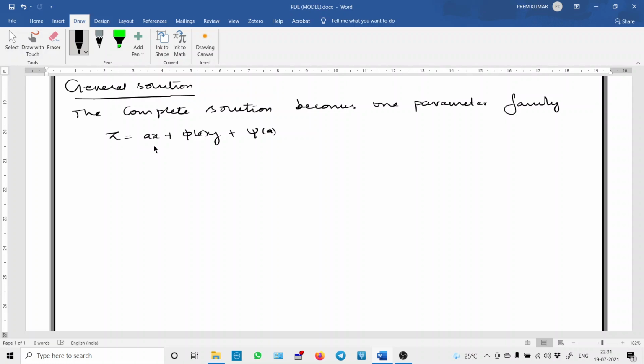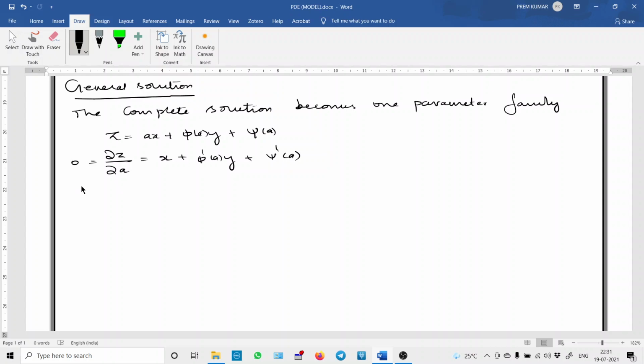So how to find the envelope of one parameter family of curves? You have to differentiate with respect to the only one parameter available partially. So dou z by dou a, actually this is equals to 0. Right hand side will become x, because we are differentiating with respect to a partially, and this will become pi dash of a, and this will become psi dash of a.